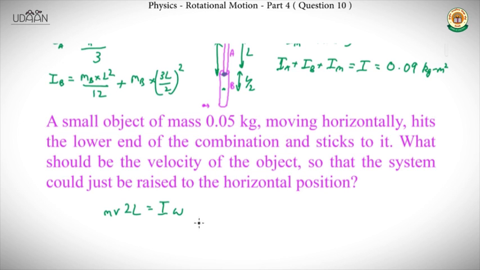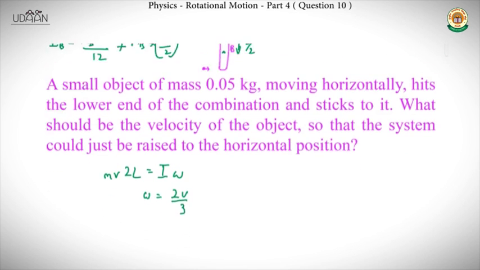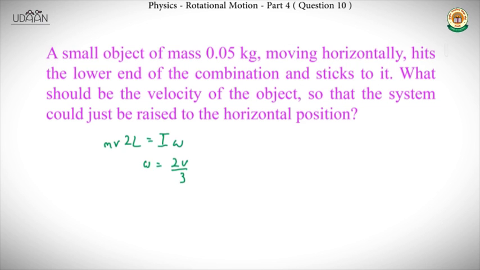From here we can easily find omega, which is the omega at which the body starts its rotation in the initial condition. If we put in all the values, we get the initial omega equal to 2v by 3. So we have found the initial angular velocity of the system.